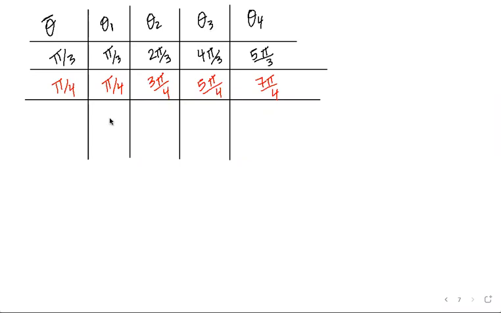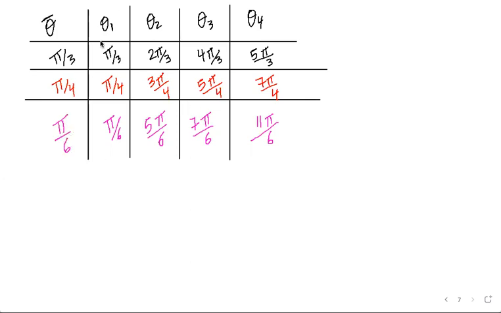Now for pi over 6, 5 pi over 6, 7 pi over 6, and 11 pi over 6, all of these angles have the same reference angle as pi over 6.